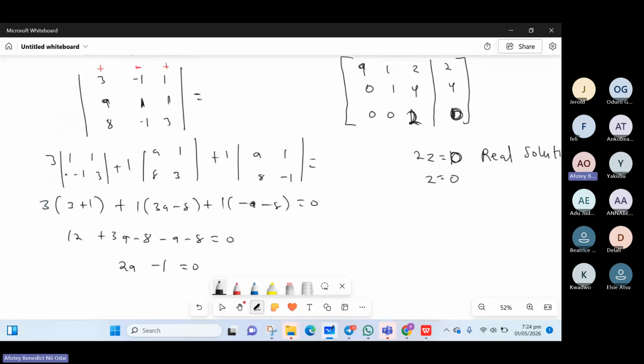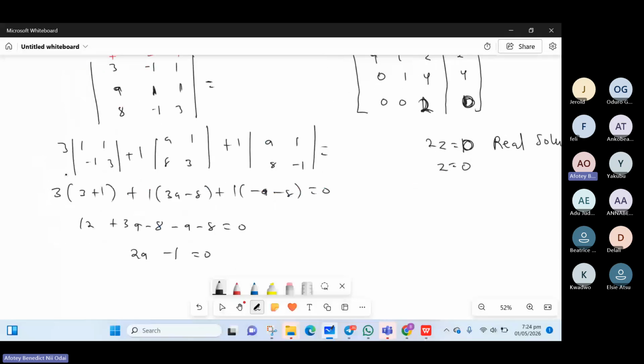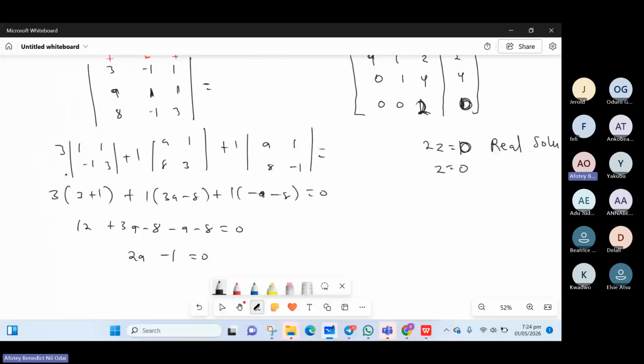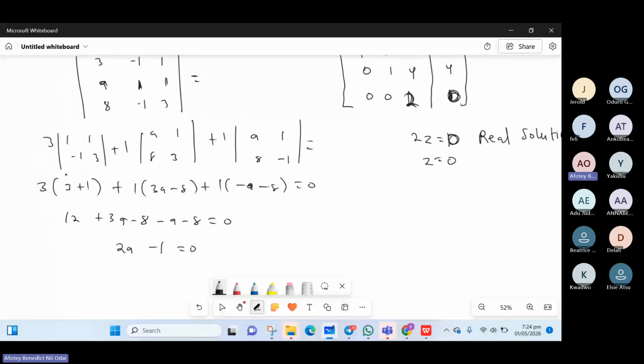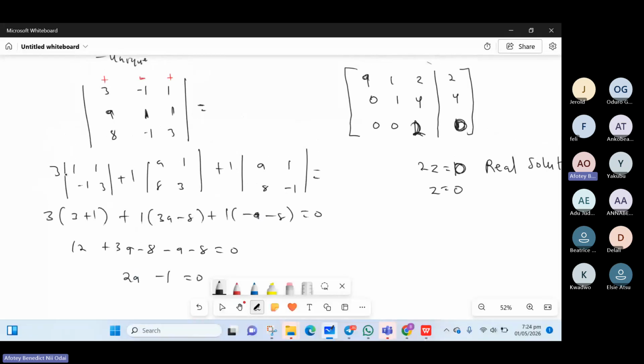Is a supposed to give us a fraction? I don't think a is a fraction, so there might be a mistake somewhere here. I'm sure there's a mistake somewhere in our solution. It should be 2a minus 4 rather. Yes.